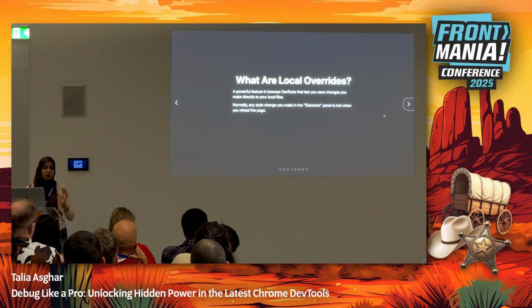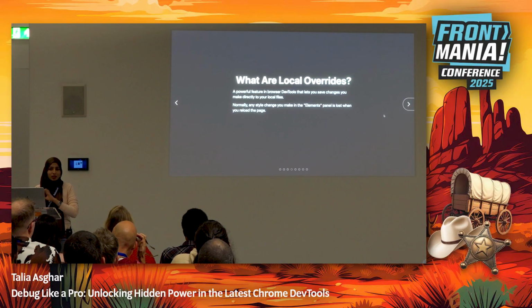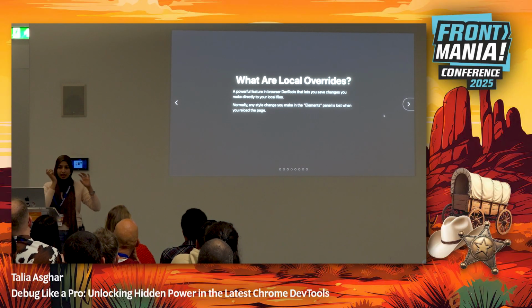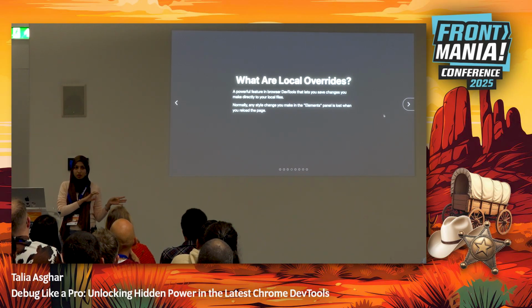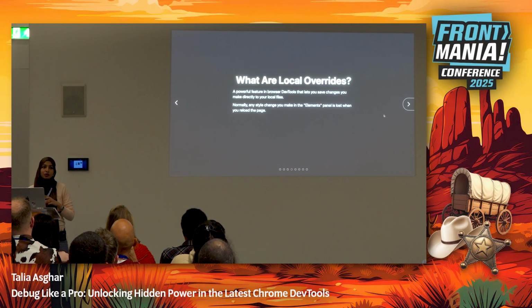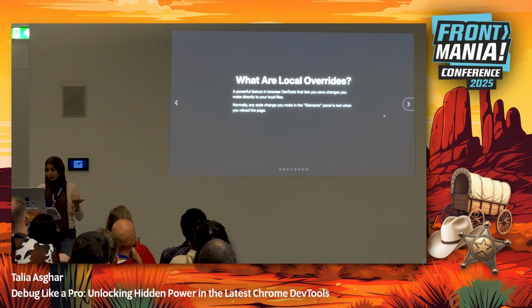For example, you open a website and make changes in the Chrome DevTools just to fix the UI, and then you have to manually add those things into your source files in your IDE. Through local overrides, you can also overwrite those directly in the sources tab.